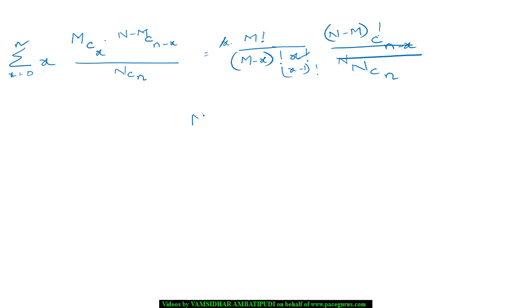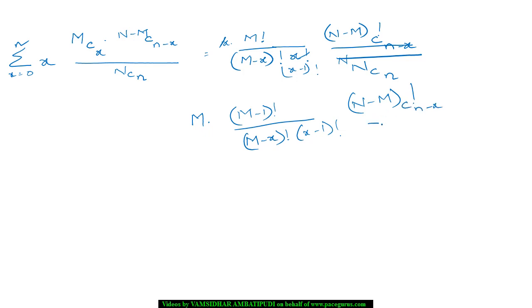So this M I am taking out, making it M minus 1 factorial divided by M minus x factorial into x minus 1 factorial, and I am keeping N minus M C n minus x divided by NCn.